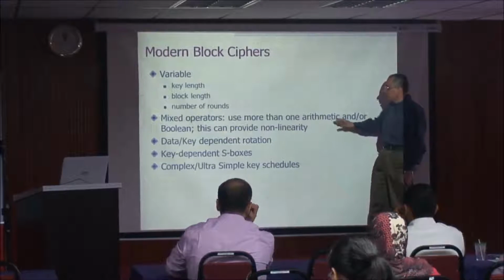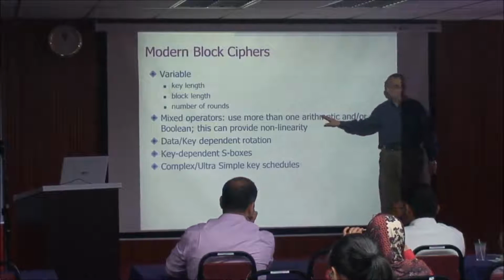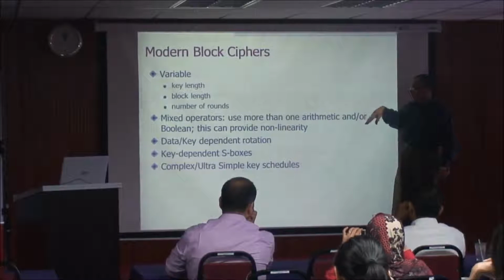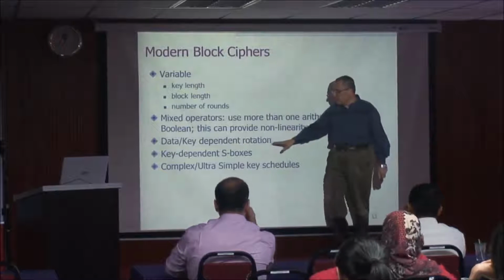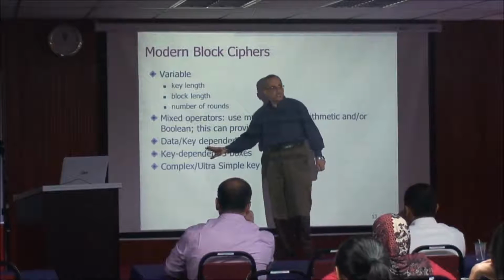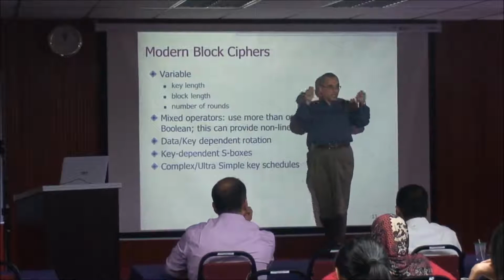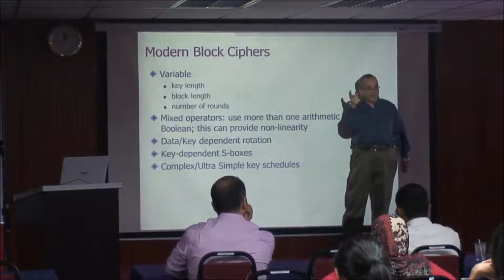And they usually imply mixed operations. This is what I call, for example, the RX constructions, where you mix the addition, rotation, and XOR operations. Some block ciphers were using data-dependent rotations or key-dependent rotations, where throughout the operations of the cipher, you would rotate your data depending on the data itself or depending on the key itself.